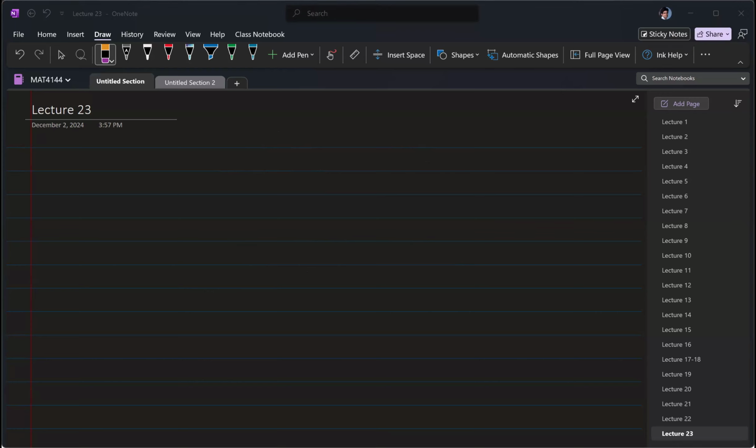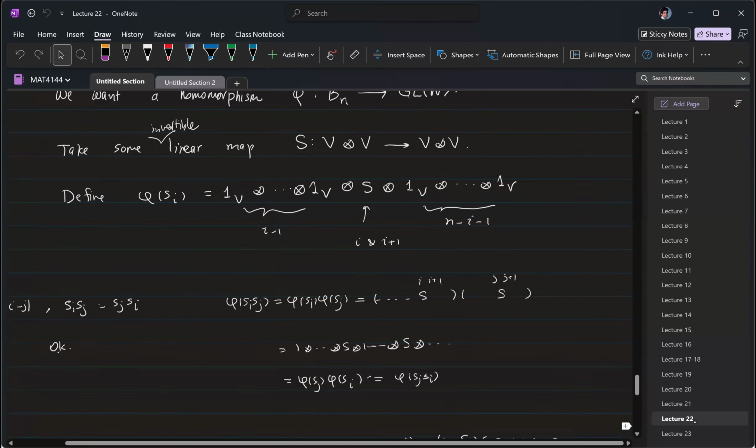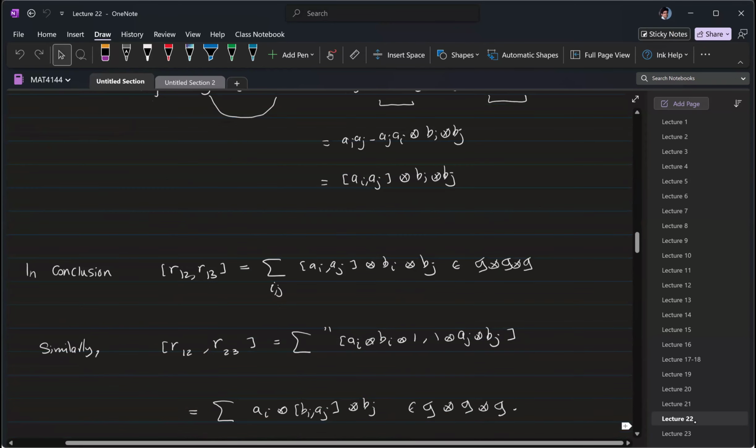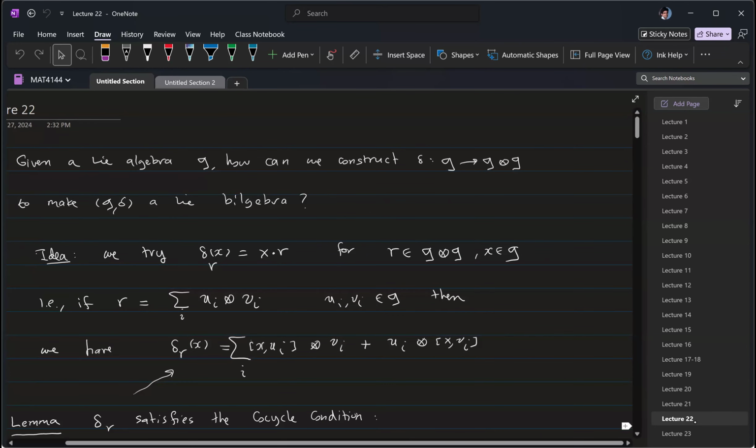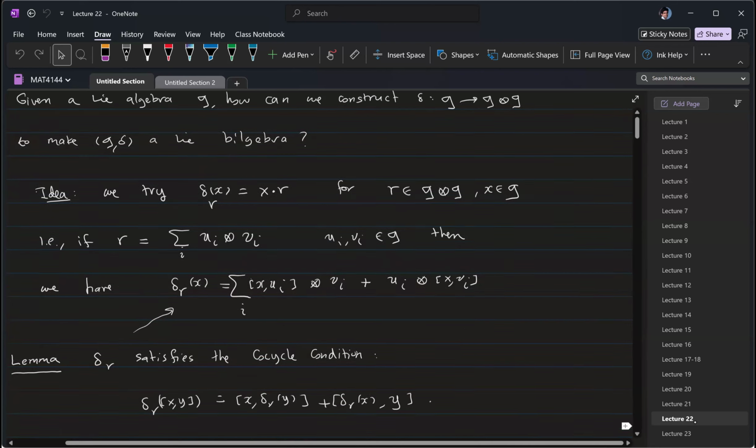In the last lecture, we talked about a special type of bialgebras that are obtained from what is called a coboundary type of coproduct.